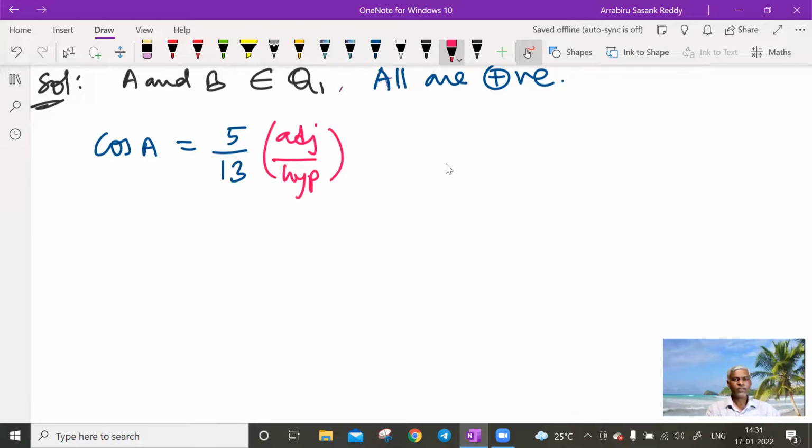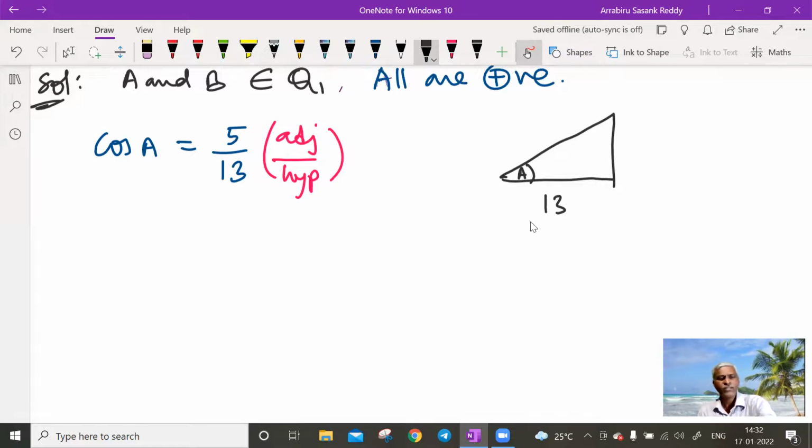If you take a right triangle, this is A, the adjacent side is 5, and the hypotenuse is 13. We have to find the opposite side.